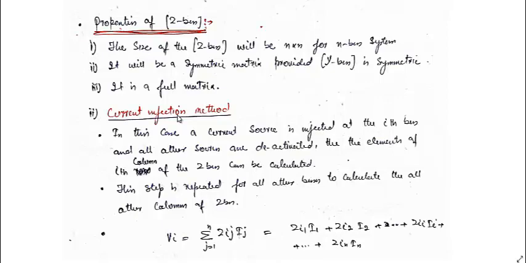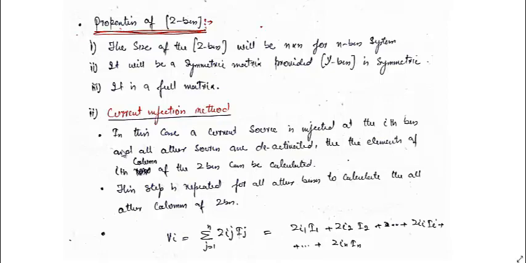When we calculate the Thevenin impedance across any network, what we do is simply deactivate all the sources and then put a voltage source or a current source at the point where we have to calculate the Thevenin impedance, and then calculate the voltage if a current source is used, or the current if a voltage source is used. Taking the ratio of voltage to current at that point, we can get the value of the Thevenin impedance or Norton impedance at that point.